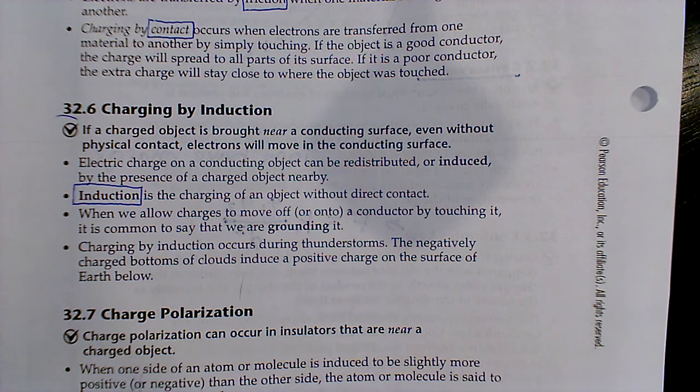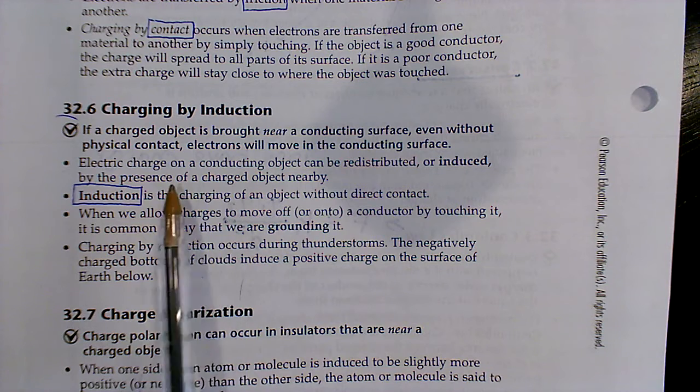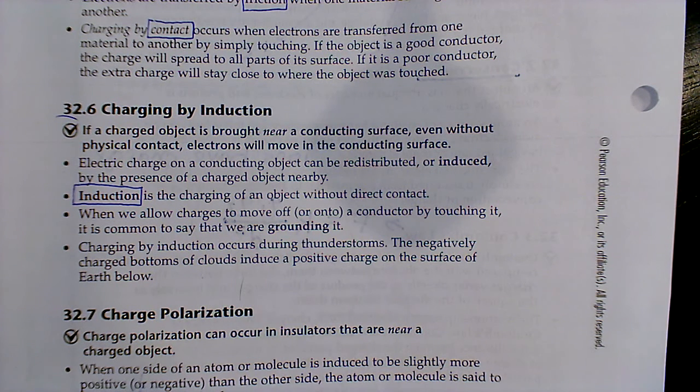And the side away from the balloon became a little bit negative. It became charged just because it was near something that was charged. It became polarized. It had a positive end and a negative end.